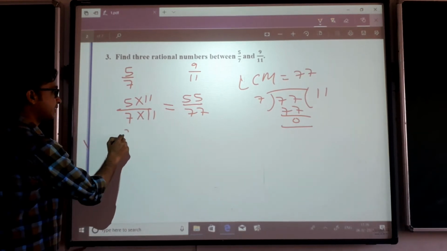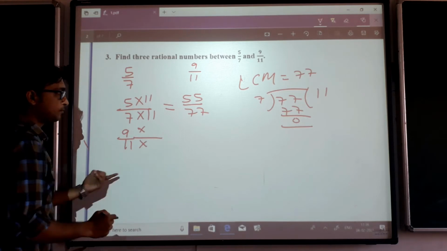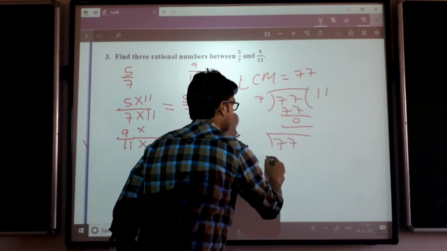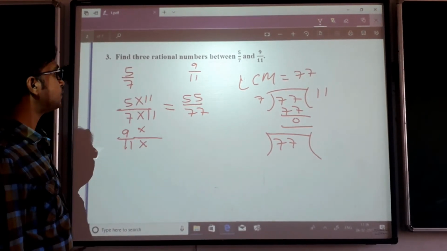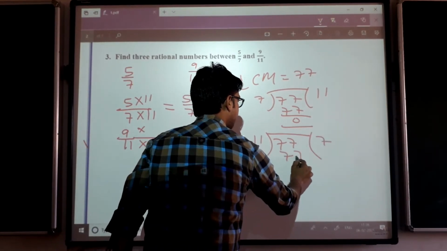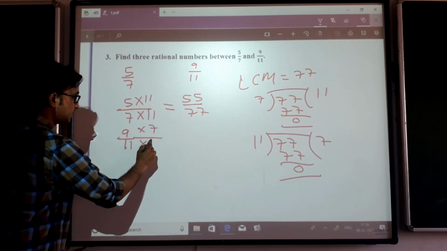Now write the second rational number, which is 9 upon 11. The same process: divide the LCM by the denominator of the second rational number, which is 11. 11 times 7 is 77, so you will get here 7. So multiply it with 7.